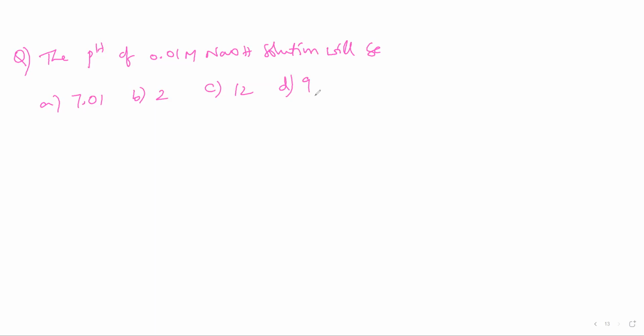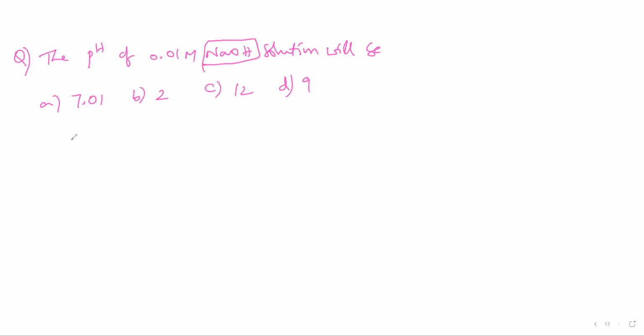Then what is the formula for calculating pH? pH is equal to negative logarithm of the hydrogen ion concentration. But what is given here, sir? An acid is not given here; a base is given.